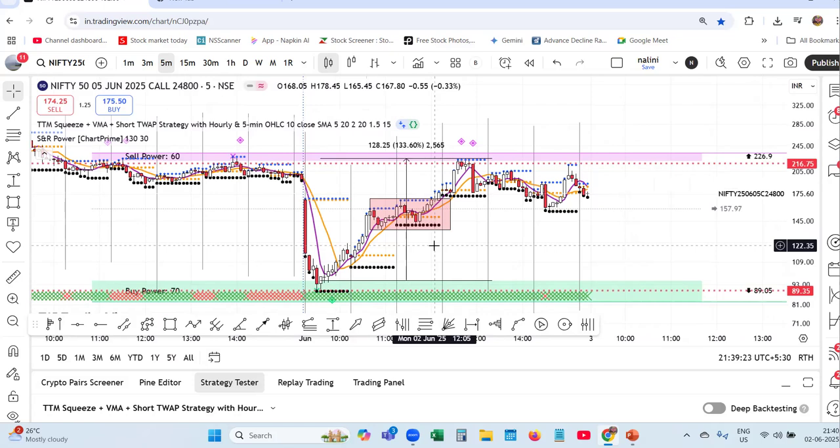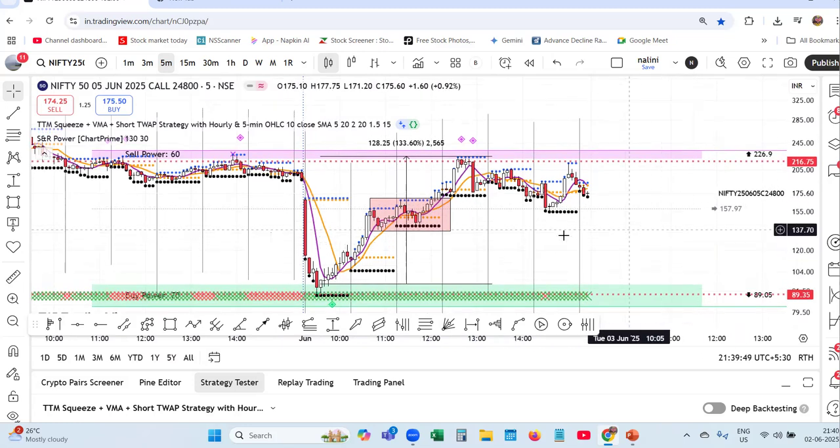If you look back at the left side, it is the powerful resistance, the hourly resistance it has plotted, the hourly high. So you need to be careful in this area for the entry. People make the mistake of entering late and then they are not able to manage the trade. Here, you have entered in this area.